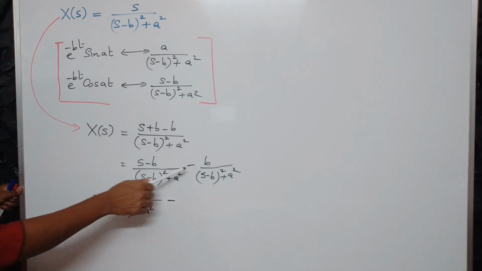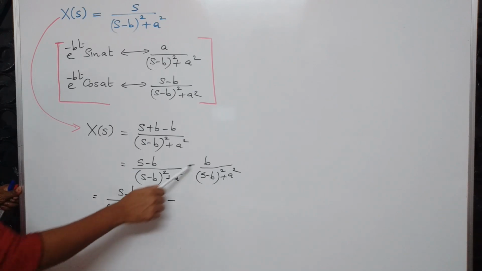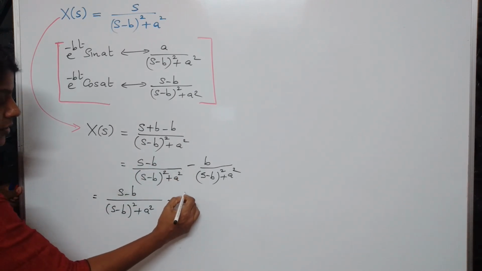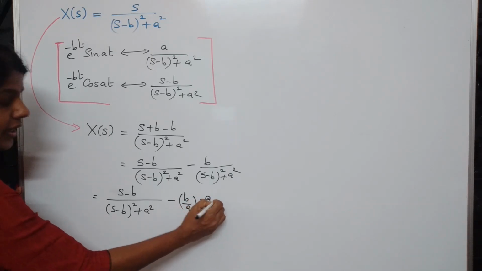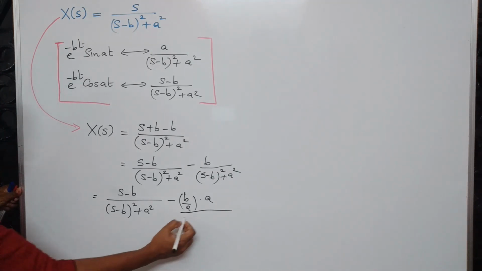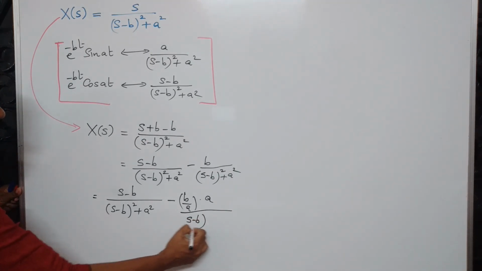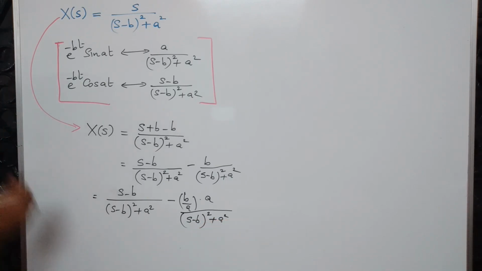Minus, here there should be a, so I can multiply and divide by a in the numerator. So it will be b by a into a, whole divided by the denominator (s minus b) the whole square plus a square. Now both are in the standard form. We can find the inverse.